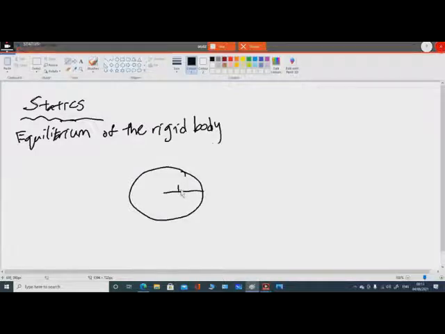if this is our R, and our F is at 0 degrees, and our F is at 90 degrees, so this is the plane where the angles vary.